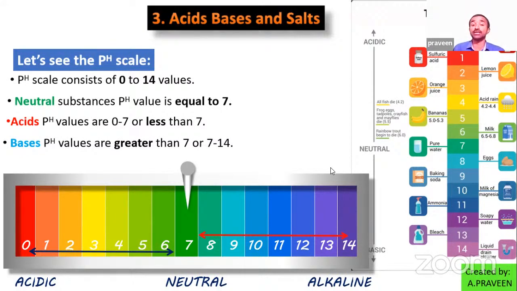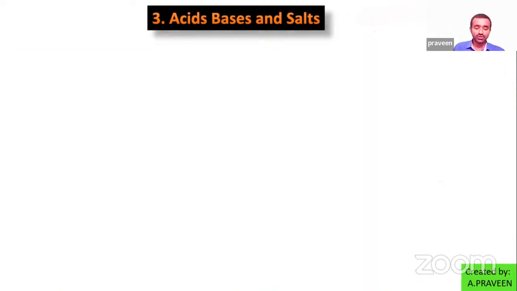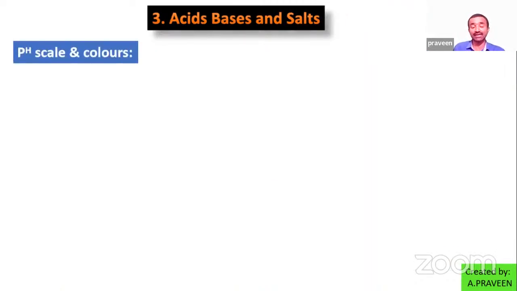So what happens if the pH changes in your body, in your surroundings? That gives its effect. So let us see pH paper color and its color in different mediums. Here is the pH scale and its color.